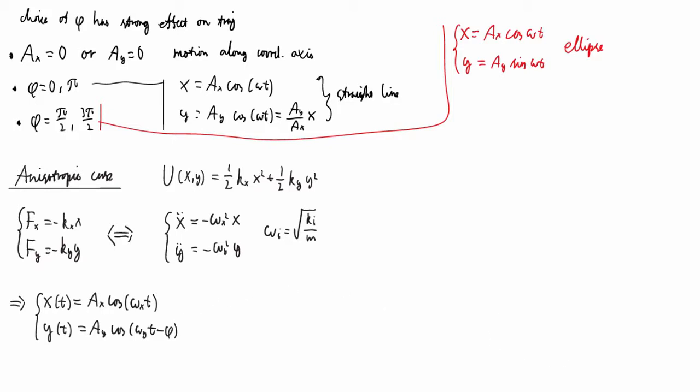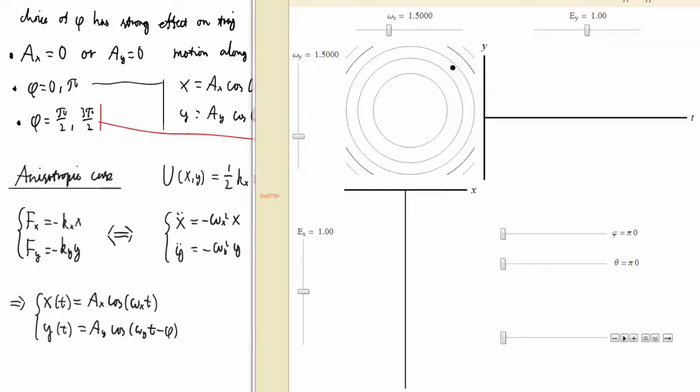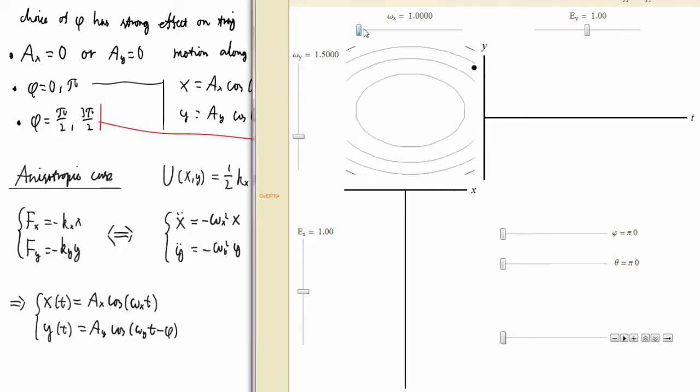So let's look at what that looks like in Mathematica. So now I have different omegas in x and y, so I can change them here. So let's begin with taking omega in the x direction to be, let's say, 1, and omega in the y direction to be 1.5. So you have a nice ellipse here.